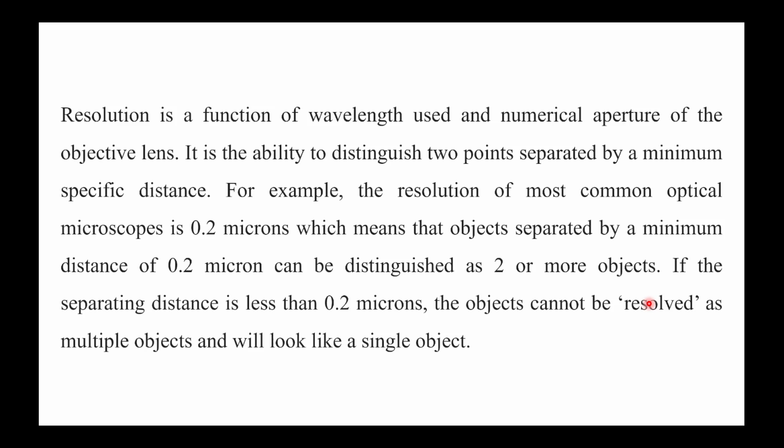We will see them as one single cell or a blurred kind of image. If you have two bacterial cells separated by the distance of 0.2 microns, you can see those two cells as separate cells. So that is what we mean by resolution.